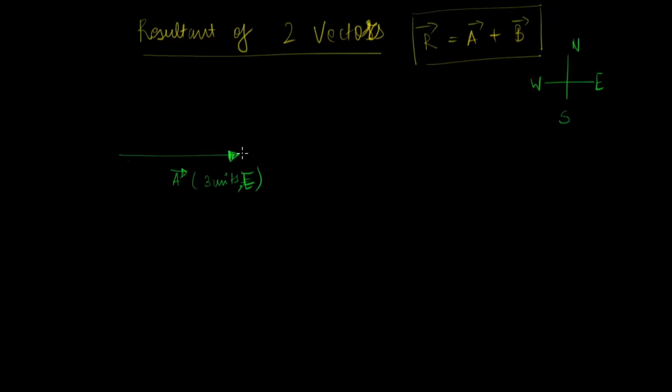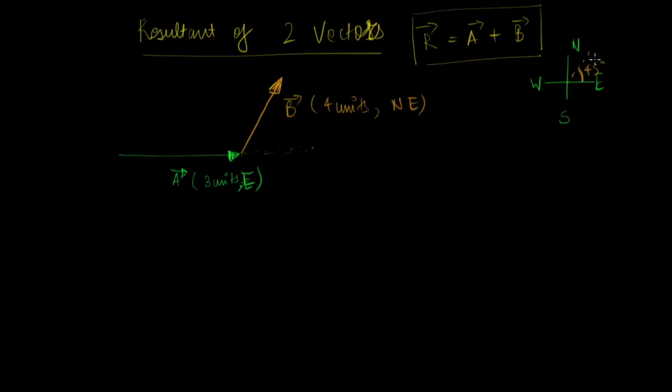And let's have our B vector pointing in, say, 45 degrees from the A vector. That means let's suppose that the B vector is, say, 4 units, and it points in the northeast direction. So northeast direction means it's in this direction, and we assume that this angle is 45.